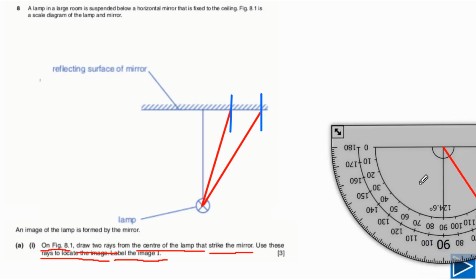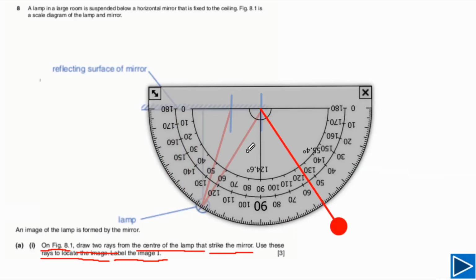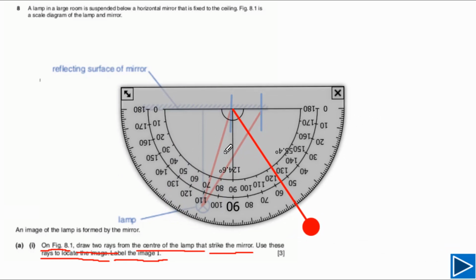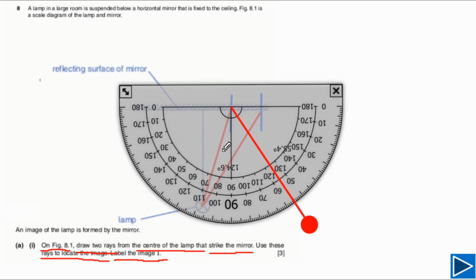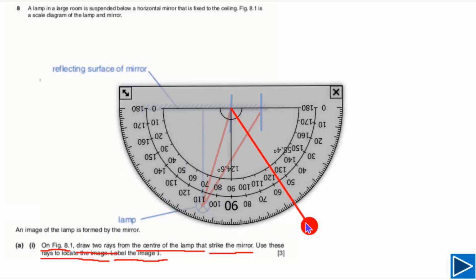Now we need to find the angle of incidence for the first one and also for the second one. Now let's place our protractor here, and we can find the angle of incidence for the first ray. Angle of incidence for the first ray is 17 degrees. We have to repeat this for reflection as well.